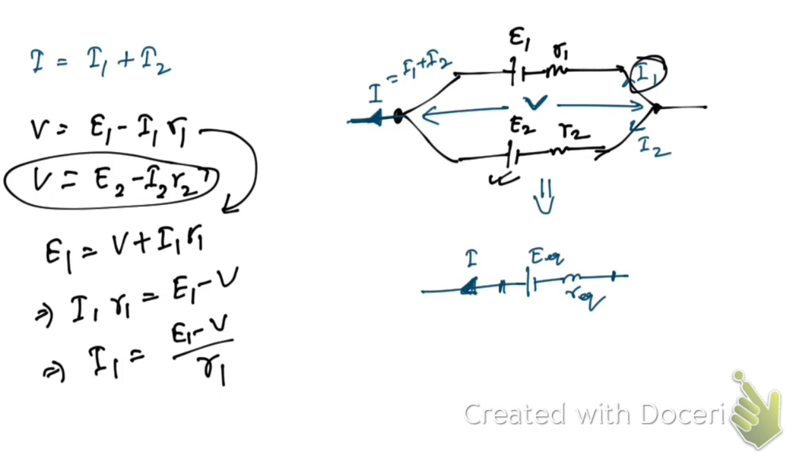Similarly from the other relation, we get I2 is equal to E2 minus V by R2, right?